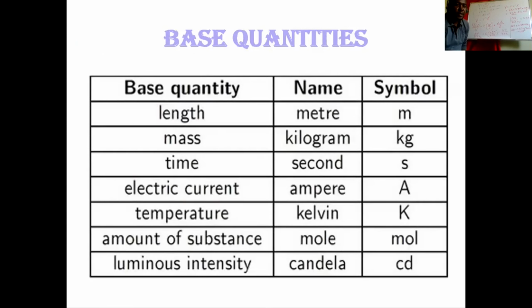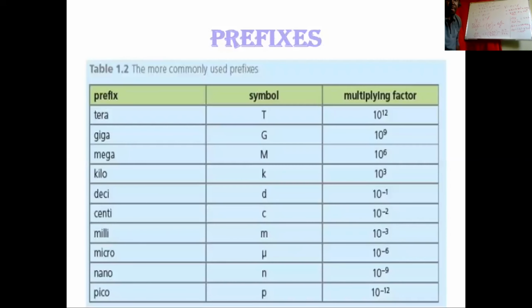From CSEC level, you learned the first 5. So the only addition here is the amount of substance and the luminous intensity. The amount of substance has the unit mole, and luminous intensity is candela. So those are things that you need to know, as well as your prefixes.